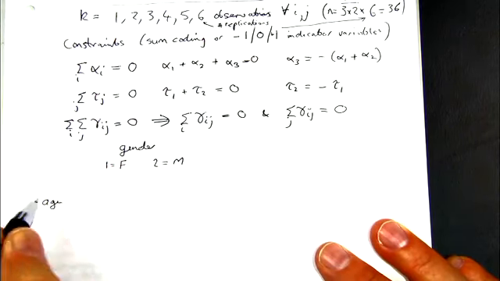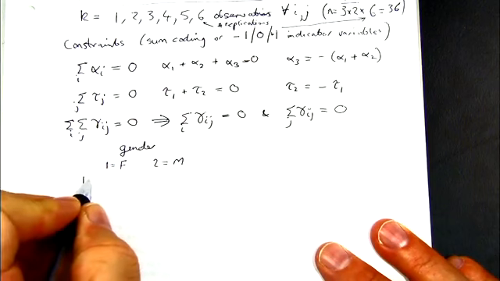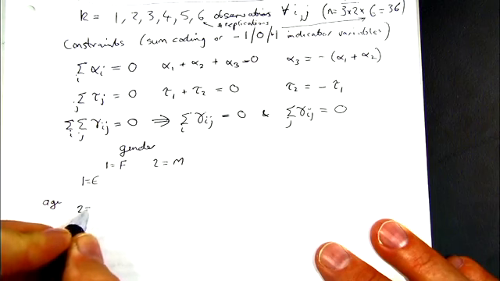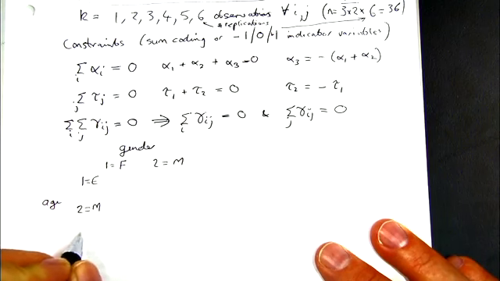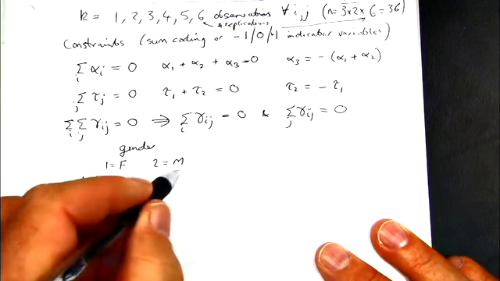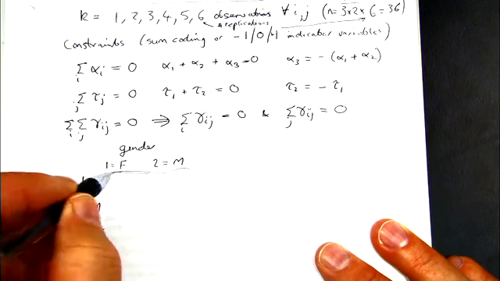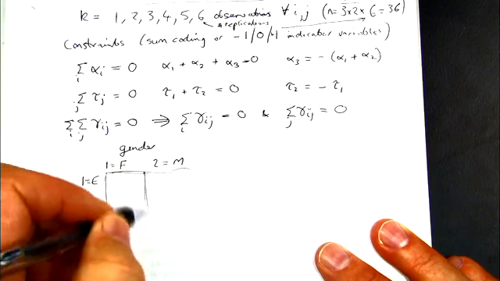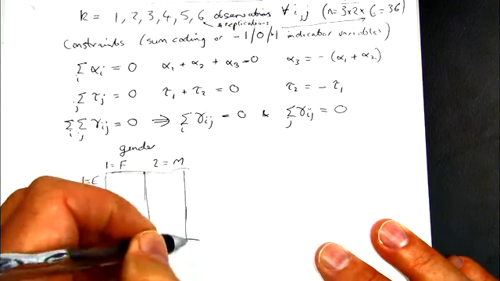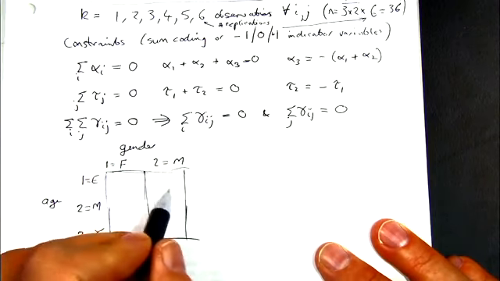We've got age. 1 equals elderly. 2 equals middle. And 3 equals young. And we basically have a 3x2 grid of our treatments.